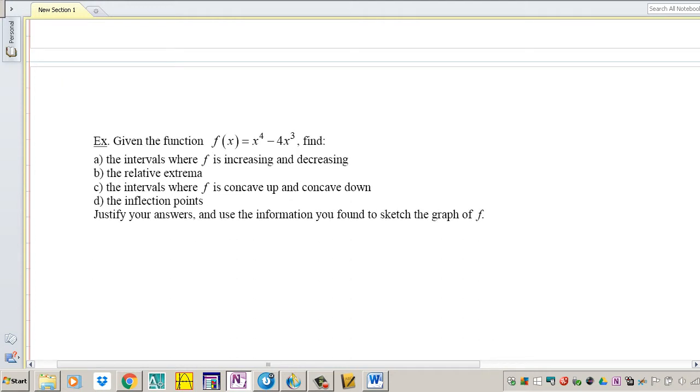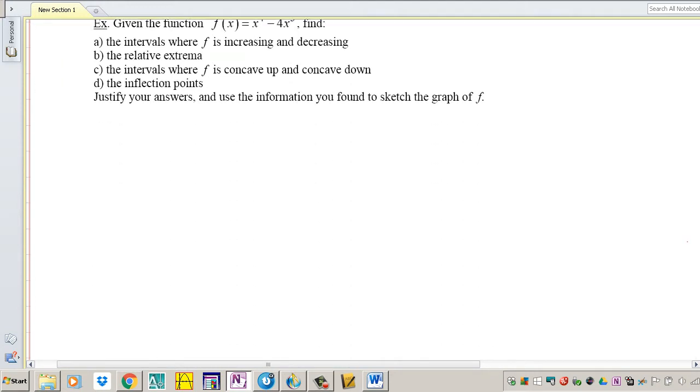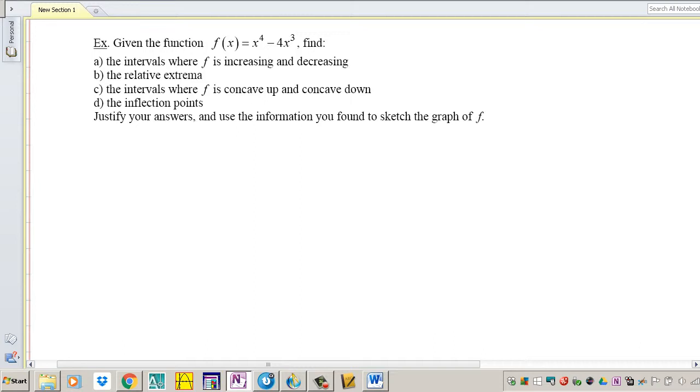Example number 2, we have a function, and what we want to do is determine increasing, decreasing intervals, max and mins, concave up, concave down, and points of inflection. So let's go ahead and do letter A and B. Letter A and B kind of go together. Increasing and decreasing, which means I first need to find my critical numbers.